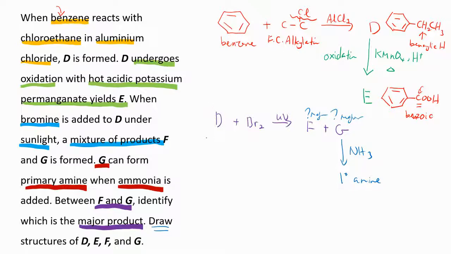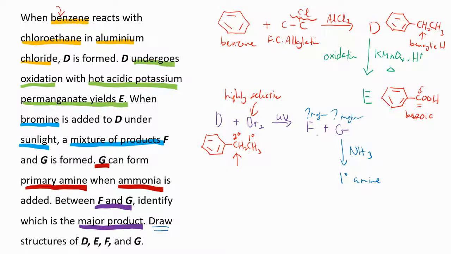We know that D is ethylbenzene. And remember bromine is highly selective. So for the major product, if we look here, this is CH2CH3, so this is a secondary carbon and this is a primary carbon.